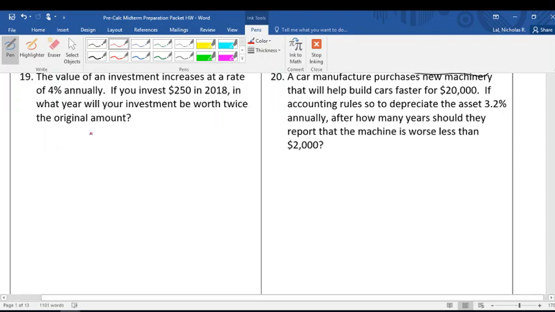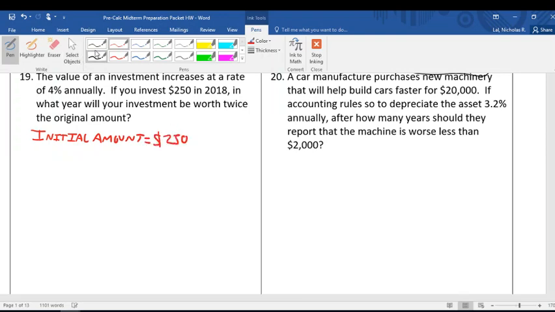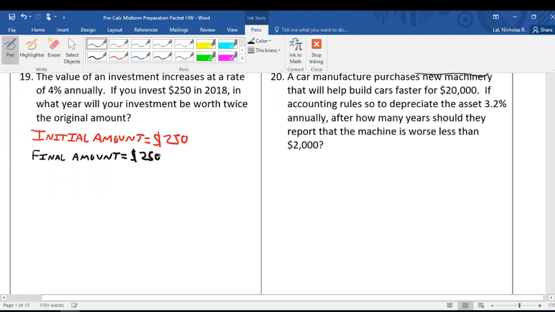Okay, so let's break down the parts of this word problem. We have our initial amount, that's equal to 250, and our final amount is equal to 250 times 2, which is equal to $500.